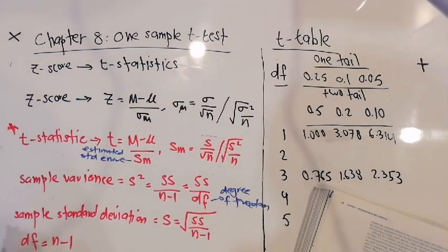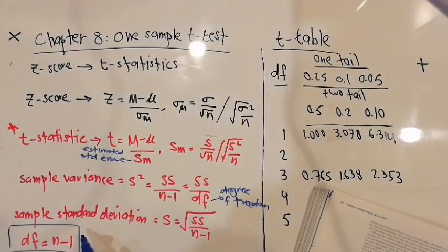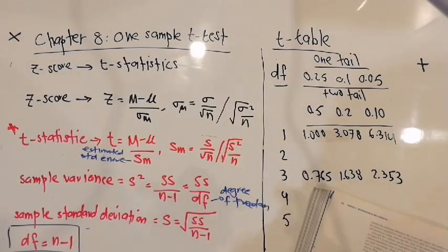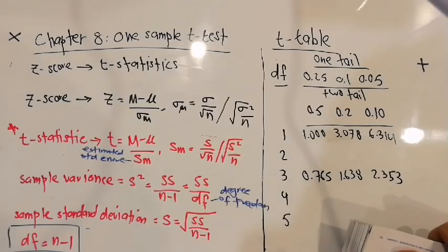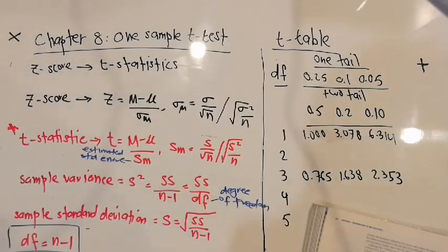This is very important because you have to find the critical region in the distribution curve. You have to find df, n minus 1, from the t table. This is a sample of a t table, which you can search; it comes after the z table.